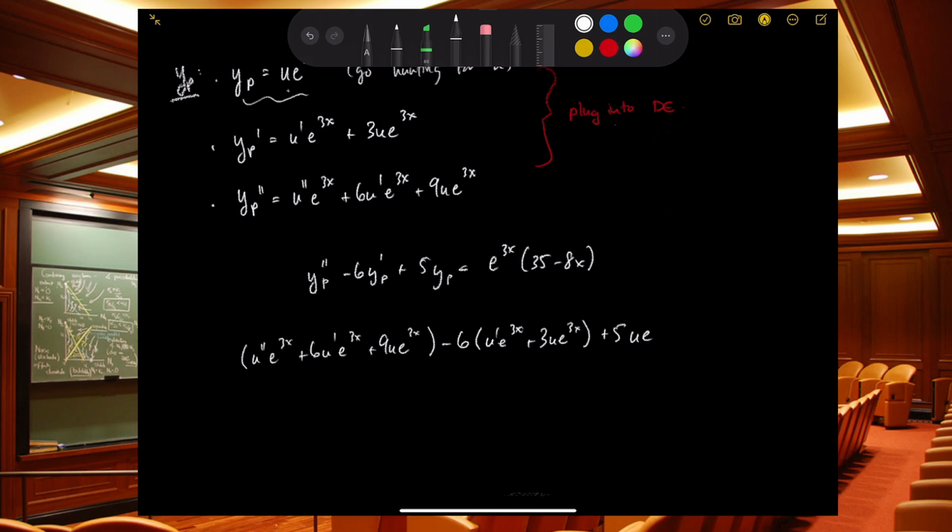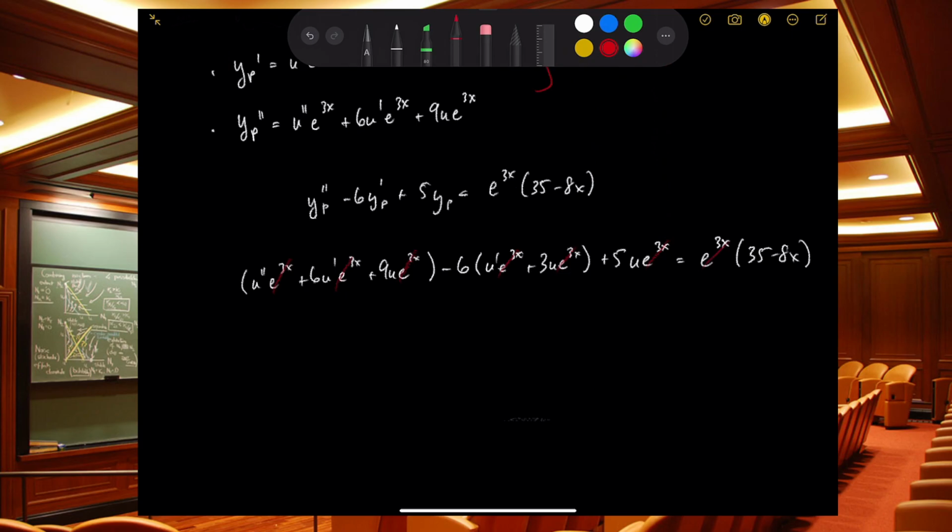And that's just u e to the 3x, right? And so this equals e to the 3x all times 35 minus 8x. So as desired by design, all the e to the 3x's, since they can never be 0, are dropped off.